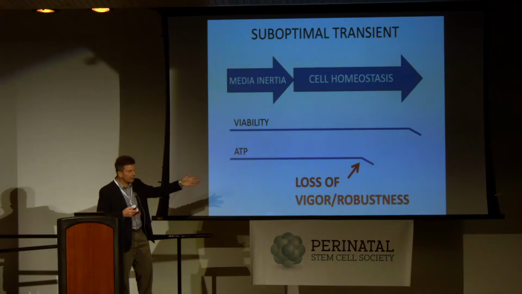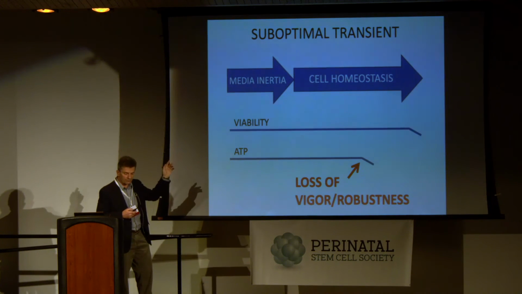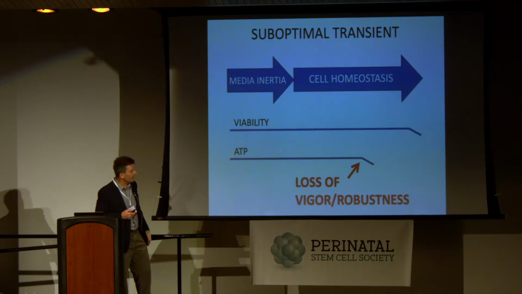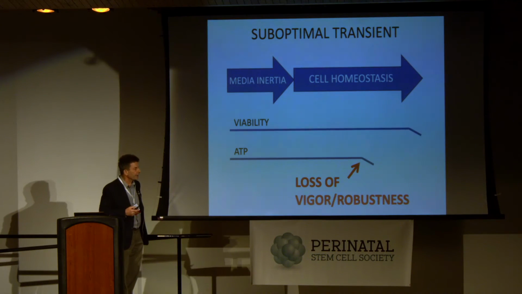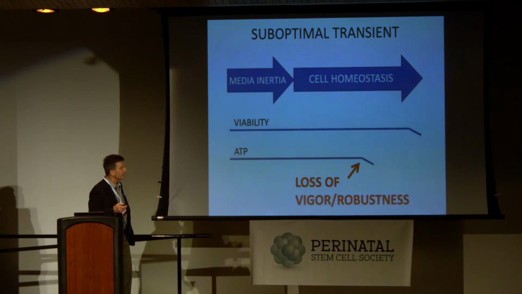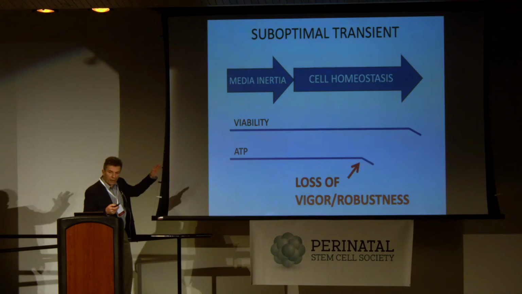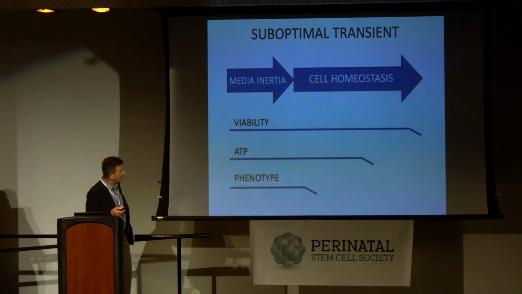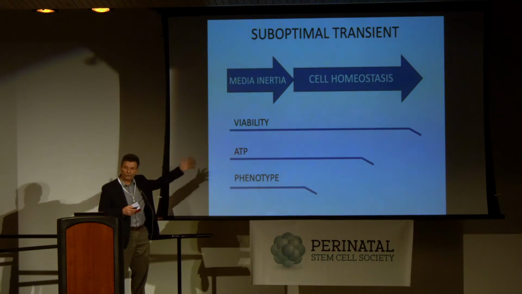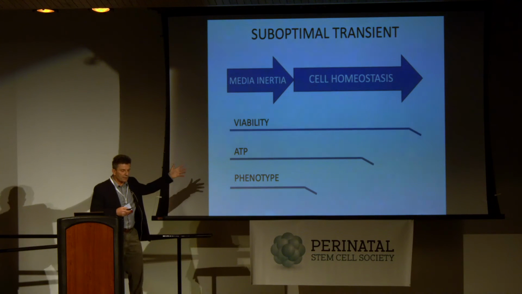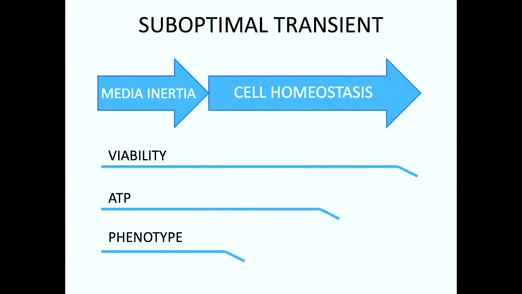Now, there are some new tools out there that allow you to measure this robustness, this energy store, that I would highly recommend, because it's going to give you better results than just viability. But another thing that's really important to understand, and it's kind of the main focus of what I want to talk about here, is that long before the ATP runs out, the cells switch from functional mode, which is what they were designed to do, to survival. They divert away from the phenotypic function that is normal for them.